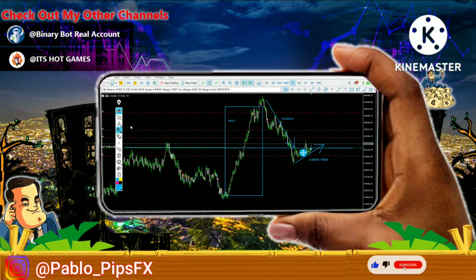The rally was what? Was an uptrend, right? Bullish uptrend. All right. So let me see if I can put that right there. Bullish. Okay. And then the pullback, all right, at this area, these key zones, is what? It's bearish. Okay.